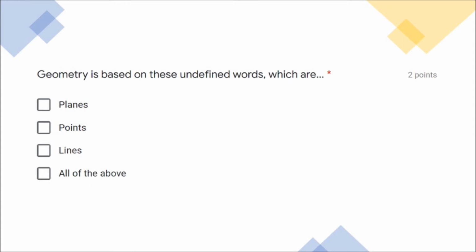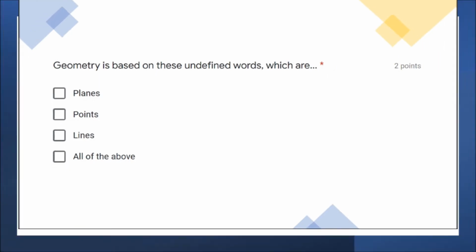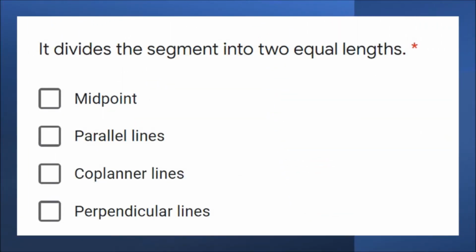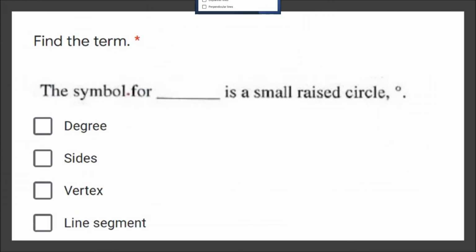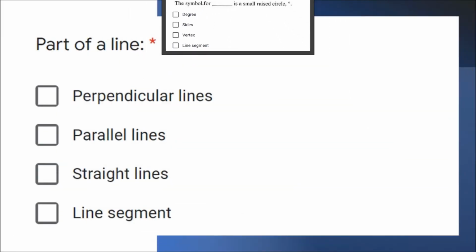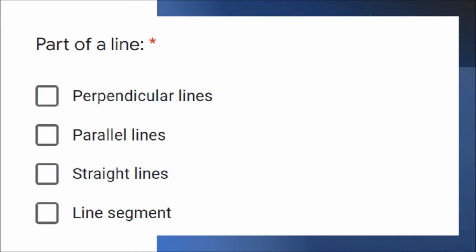Geometry is based on these undefined words, which are... it divides the segment into two equal lengths. Find the term. The symbol for blank is a small raised circle. Part of a line is known as what?